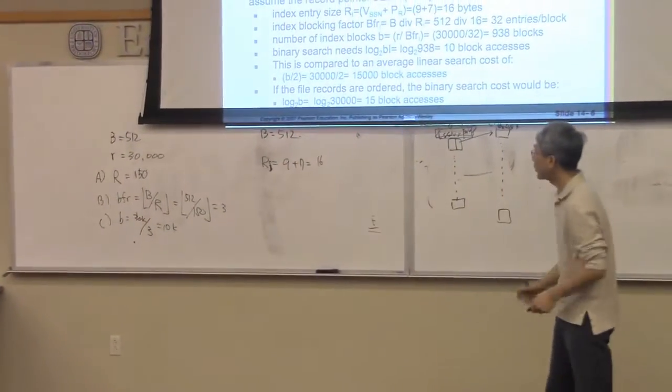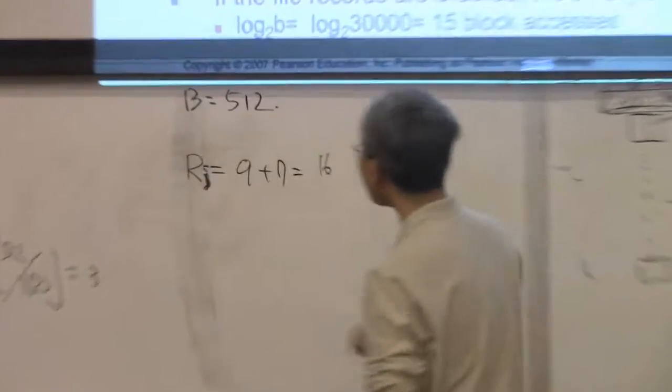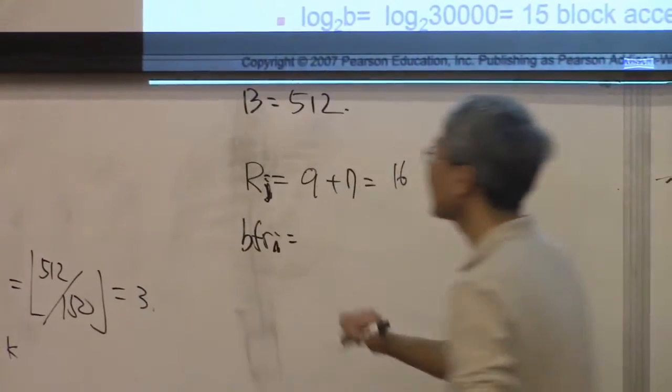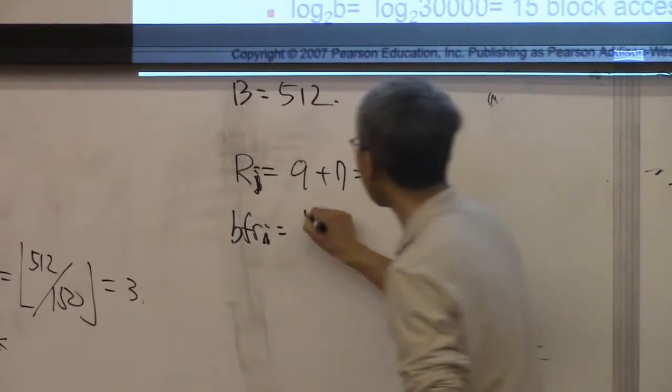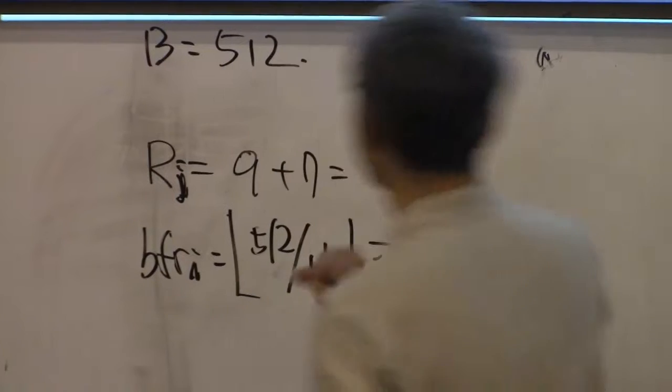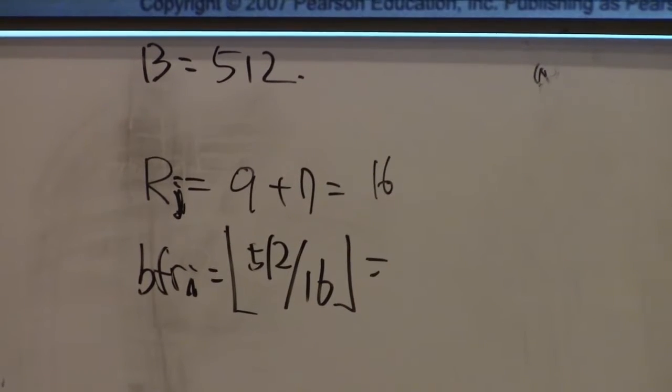Then we need to calculate the same thing: the blocking factor for the index. Blocking factor is the same idea. 512 bytes divided by 16, then take the floor. How much is that?